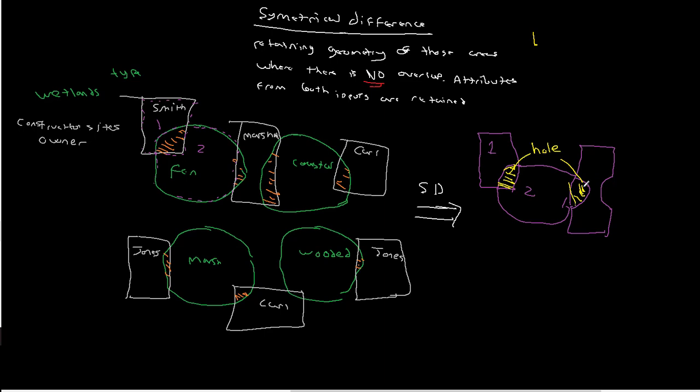There's no data in there either. Okay? So this would be 3. This is what's left of the Marshall construction site without the pieces that were cut out.